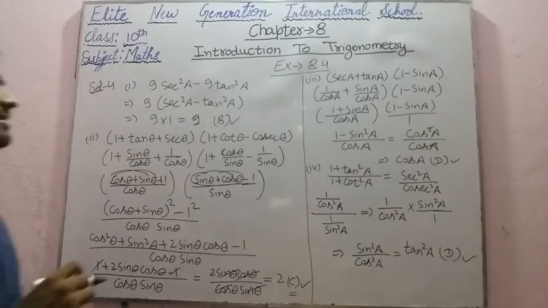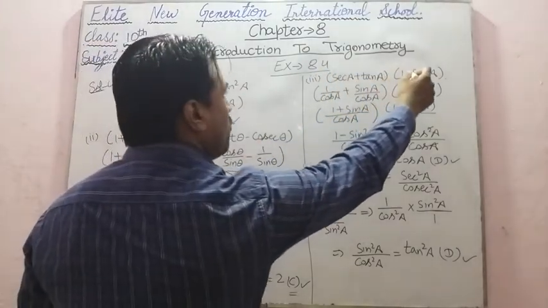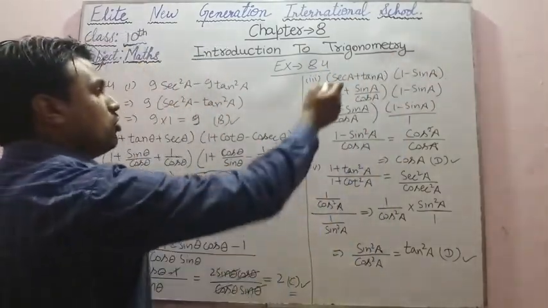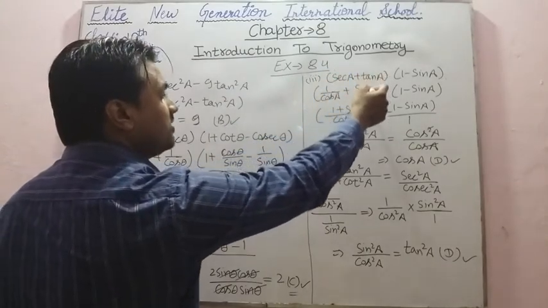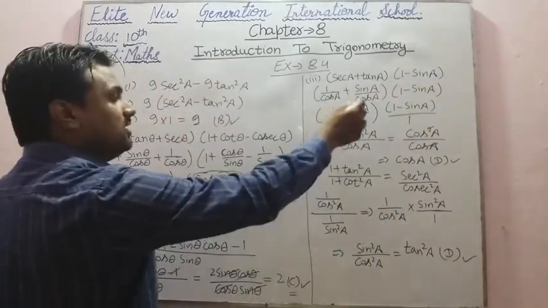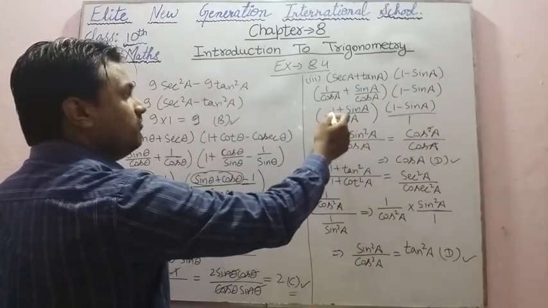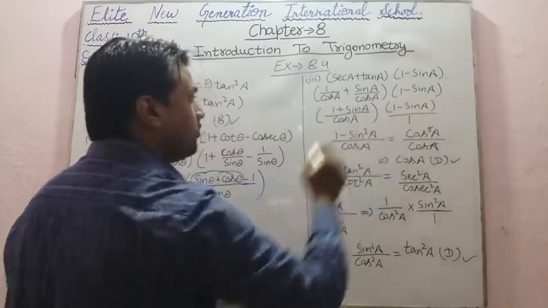Now after this, see its third part. (Sec a plus tan a) into (1 minus sin a). So in place of sec a we can write 1 upon cos a, plus in place of tan a we can write sin a upon cos a, into 1 minus sin a. So by taking LCM it will be cos a, it will be 1 plus sin a, and here we can write 1 minus sin a upon 1.